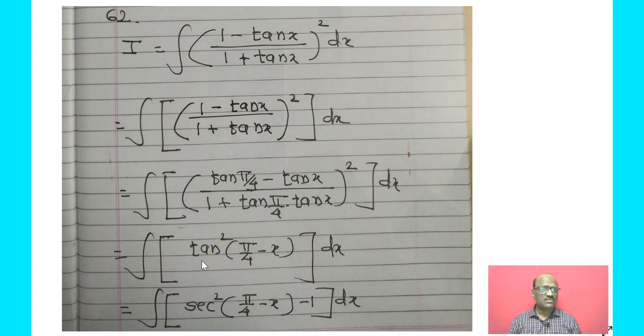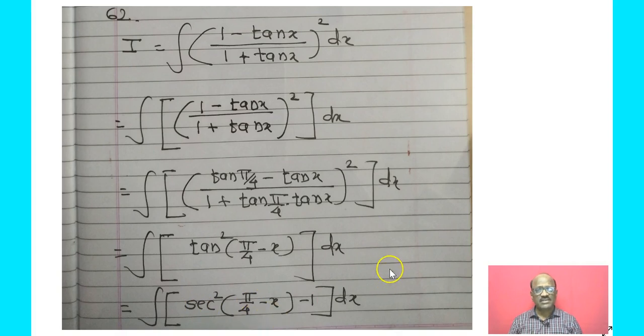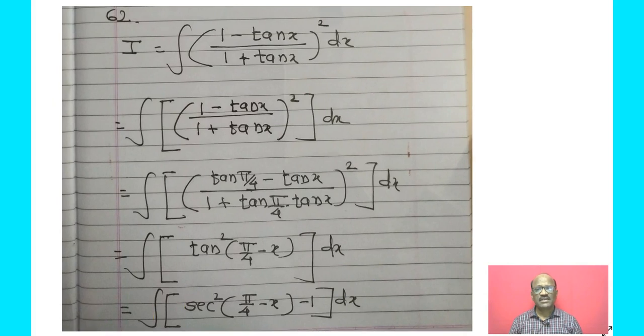Now we don't know which trigonometric function tan square is related to. We don't know. Therefore, we apply the trigonometric result tan square x is equal to sec square x minus 1. Therefore, sec square of pi by 4 minus x minus 1. And it's an integral, we can find it.